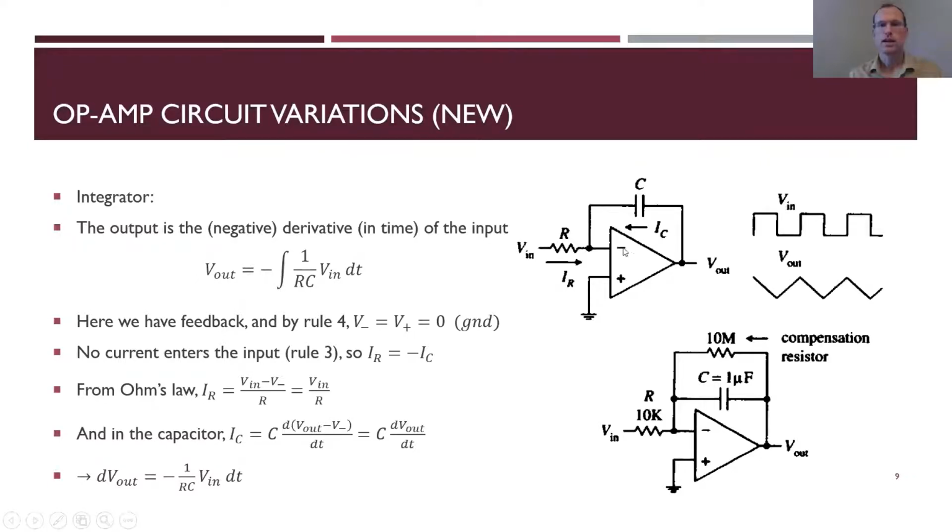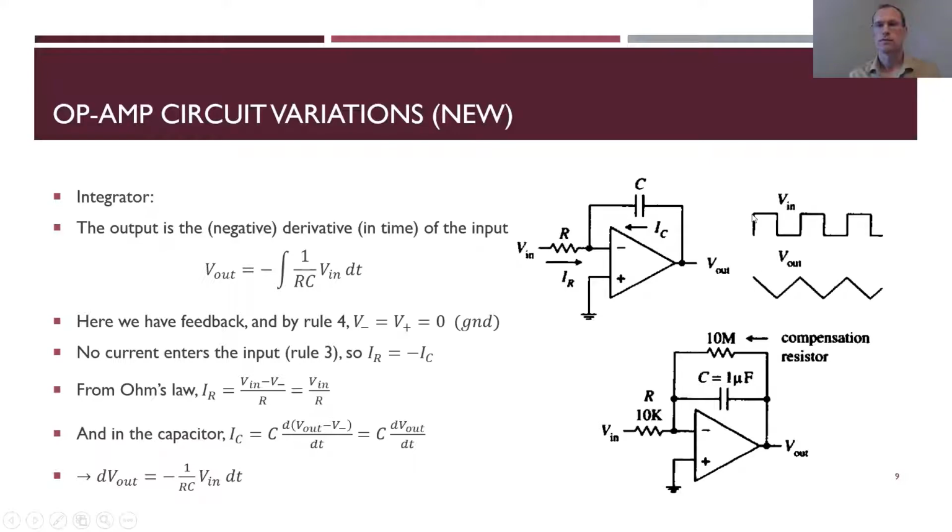Going into the negative input terminal, it's negative, and then the capacitor turns it into the integral in time. So my output voltage in this case is the negative integral of 1 over RC times the input voltage, integrated with respect to time, as we've seen. If you had a square wave coming in, you'll get a triangular wave going out.